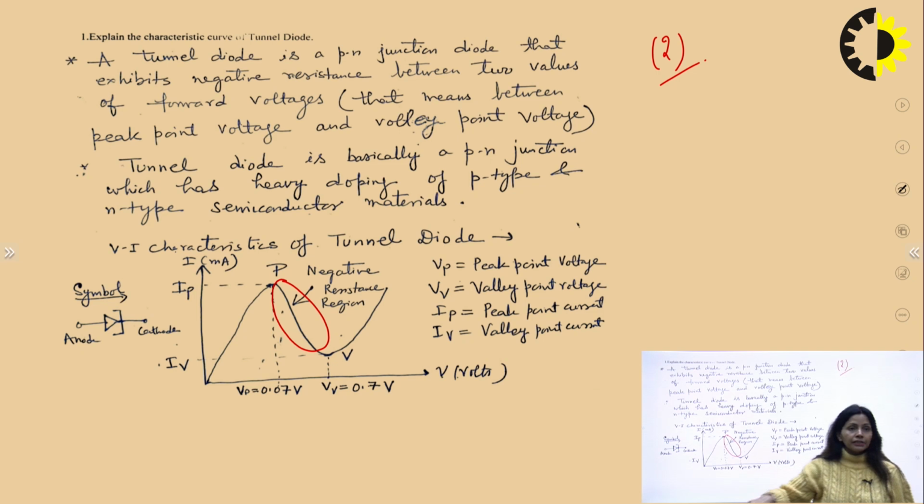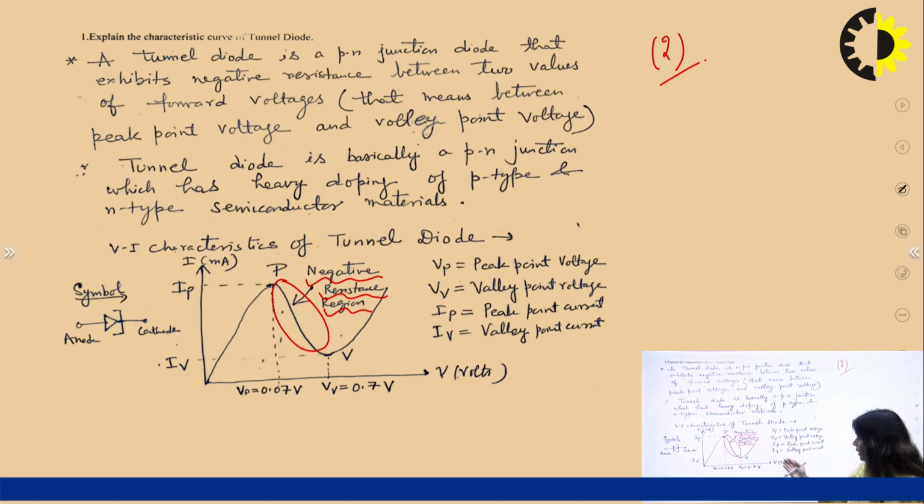So here, this region where the current is decreasing as we are increasing the voltage, this is known as the negative resistance region. This region of the tunnel diode is very important for so many electronics applications. So basically the examiner wants you to explain this particular region. Now you will mention all the points: VP is peak point voltage, VV is valley point voltage, IP is peak point current, IV is valley point current, right?